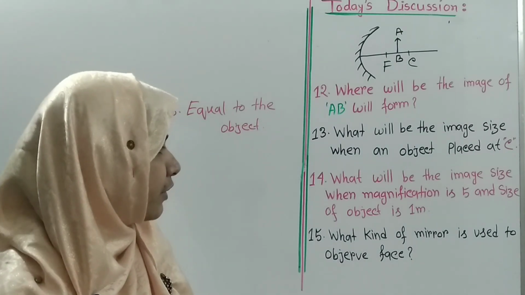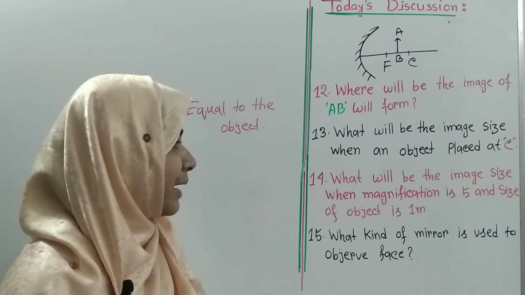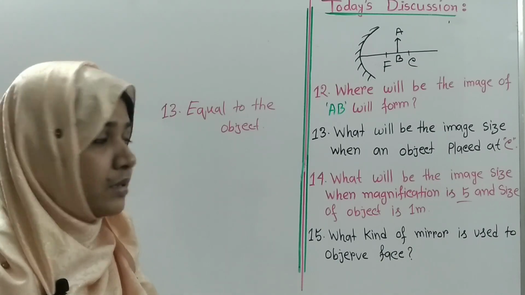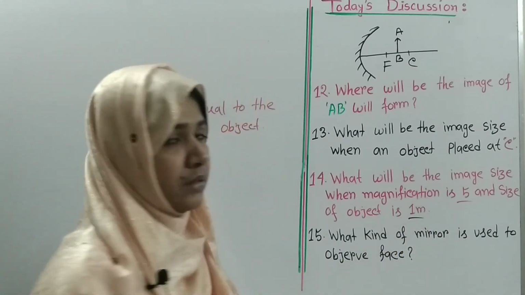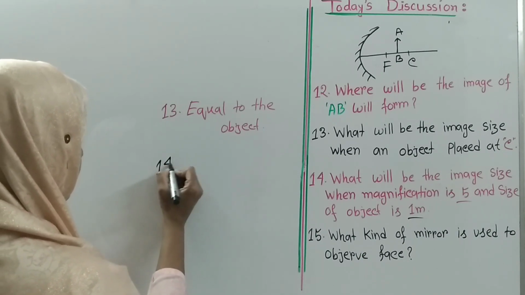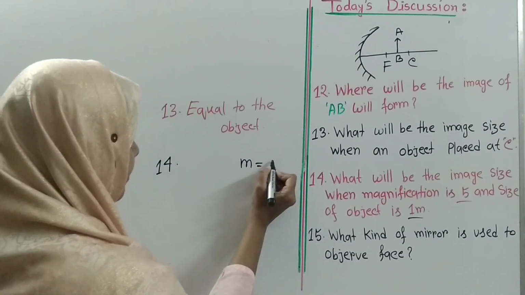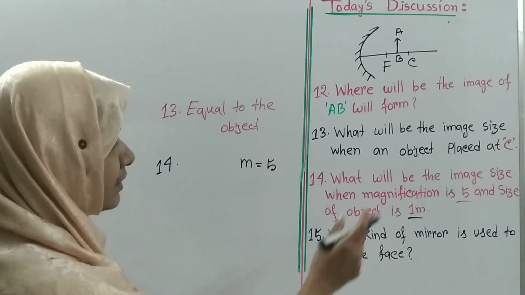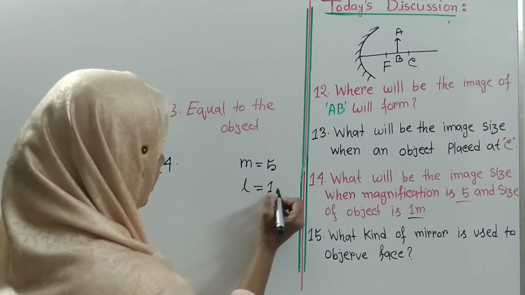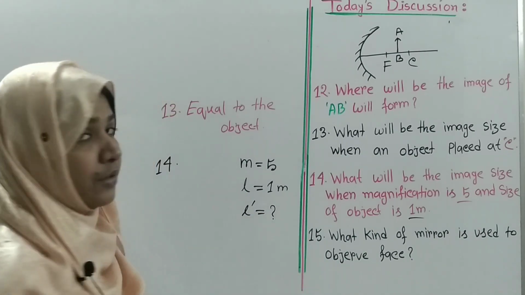And question number 14. The question is what will be the image size when magnification is 5 and size of object is 1 meter. So, here the given information is magnification, that means the value of m is given, m is 5, and size of object is 1 meter, that is L is equal to 1 meter, and they want the size of image.